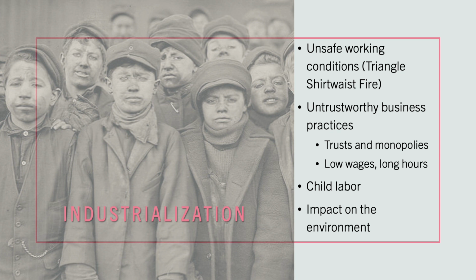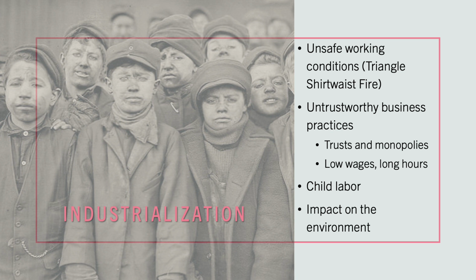Other unethical business practices existed, and were all centered around helping businesses increase their power and wealth. For one, companies attempted to control their entire market through trusts and monopolies, which allowed them to control their prices. They also required workers to work 12 to 15-hour days, 6 to 7 days a week, for very little compensation. Workers didn't have other options, so they were forced to accept these conditions. And it wasn't just the adults with these problems.